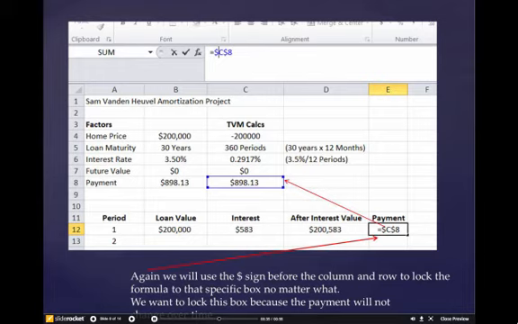So what we'll see next is we're going to subtract this payment minus the after interest value. The reason why that doesn't change is because we found in our time value of money calculation that this is going to be the payment throughout the entire amortization process.